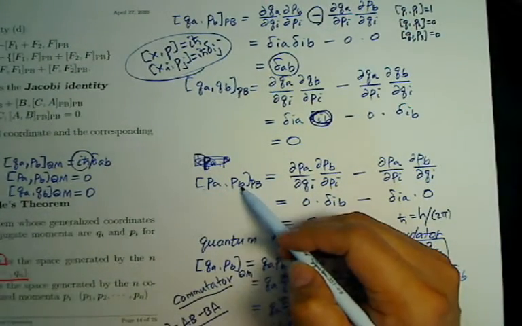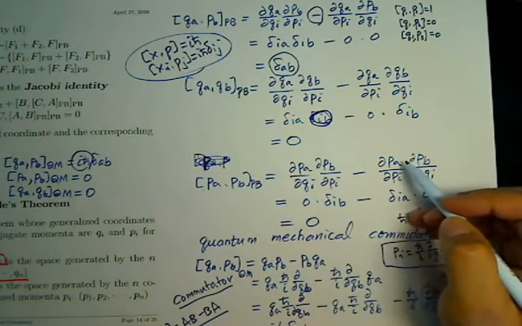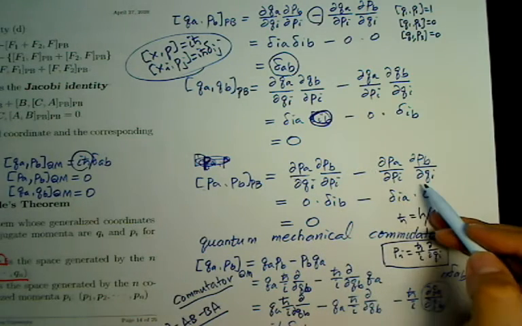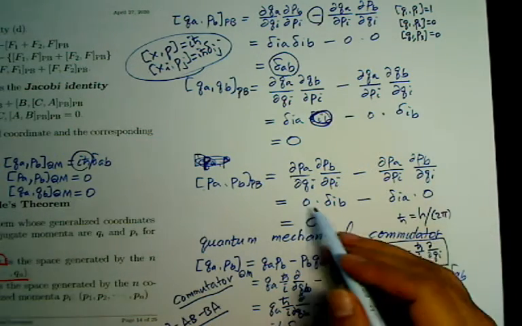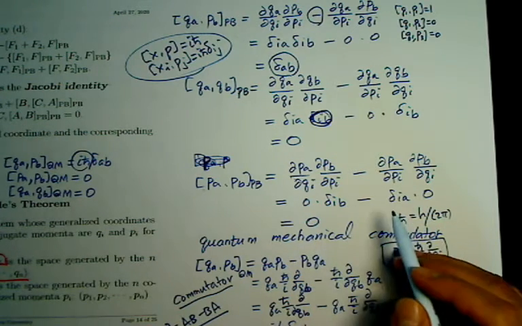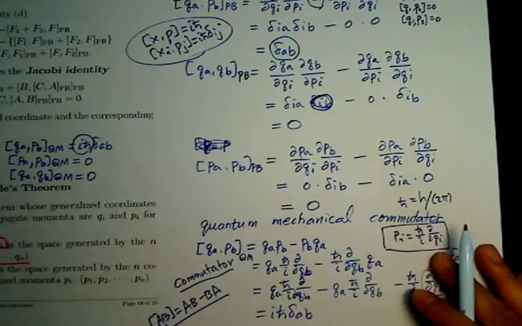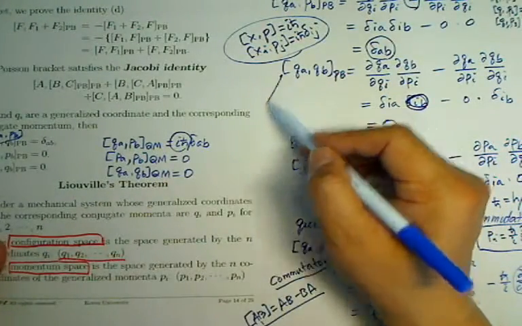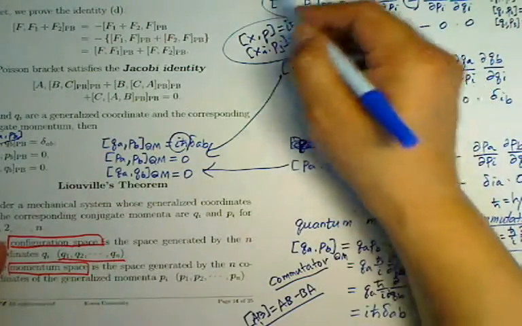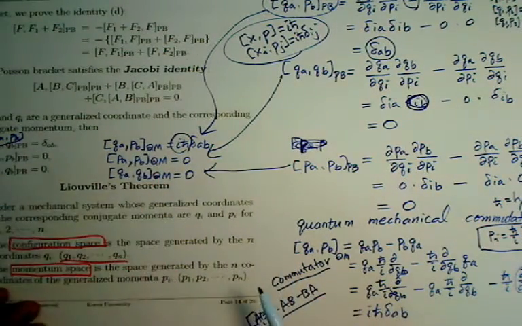Likewise for momentum, P_A and P_B, the derivative will be made as Q and P minus P and Q. Therefore, what you find is that this is always 0. The quantum mechanical counterpart also vanishes. It survives only in the case of coordinate and conjugate momentum.